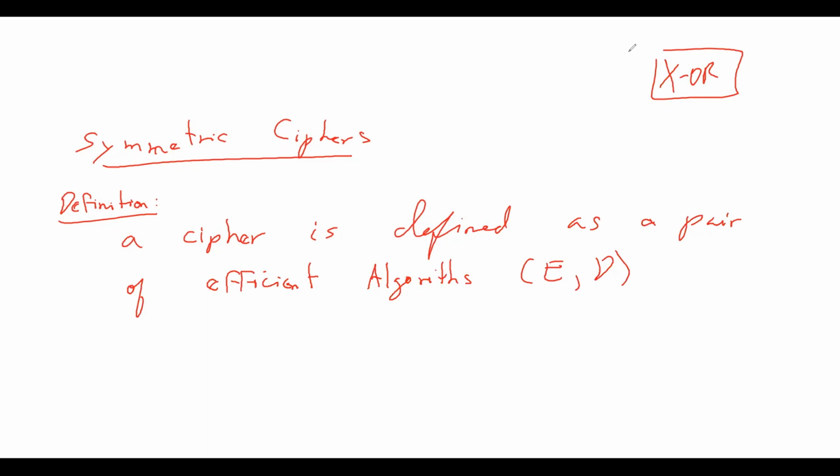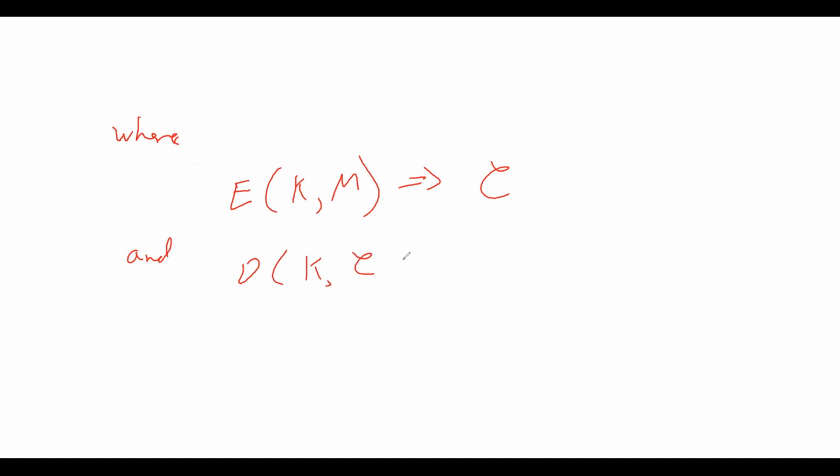So a cipher is defined as a pair of efficient algorithms, E and D, where E(K, M) gives you the cipher C, and D with the same K, given that cipher, gives you back the original plaintext message, given the consistency equation, which is really simple.